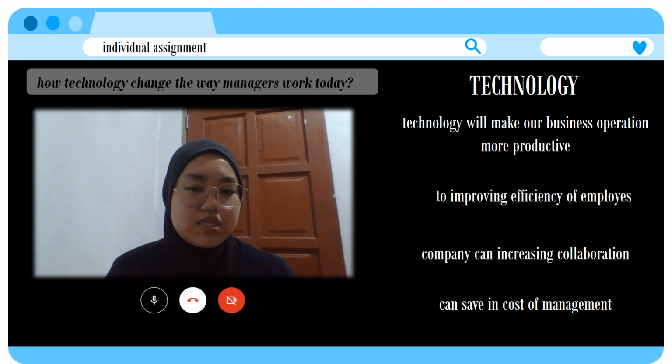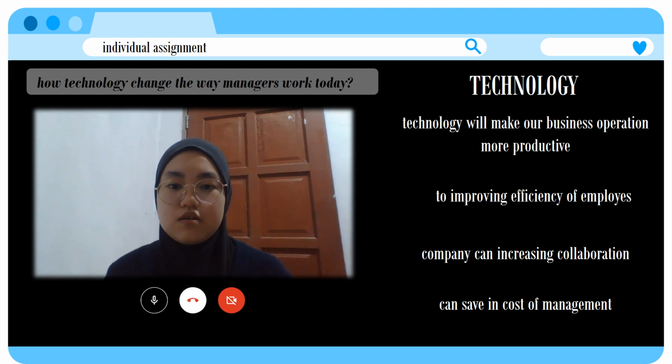It wasted their time and wasted the company's costs. Next, technology can make the company increase collaboration, and lastly, technology can save the cost of management.